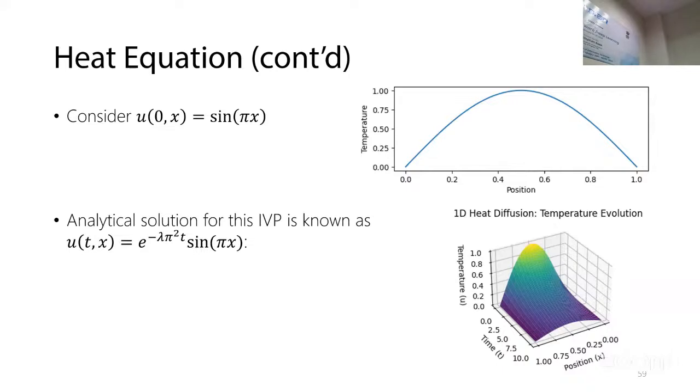Somebody noticed that many of the initial value problems are in the form of some operator times the initial condition. So instead of learning the u directly, what about we learn the operator? That is another way of thinking about physics learning problems.